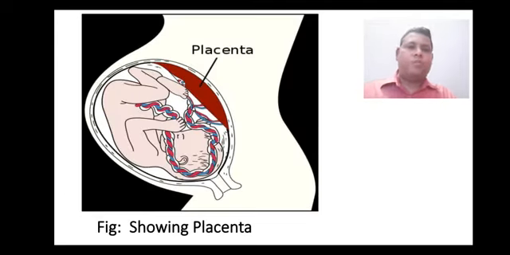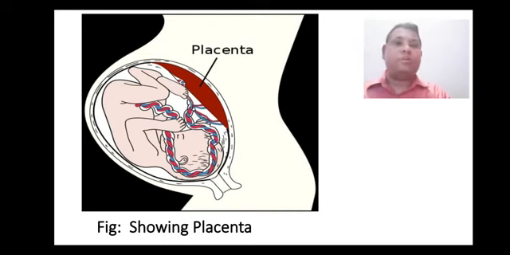This diagram shows the placenta and the location of the placenta.